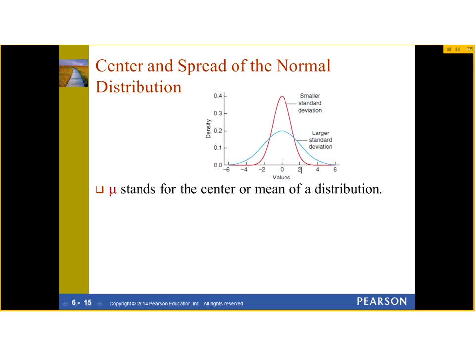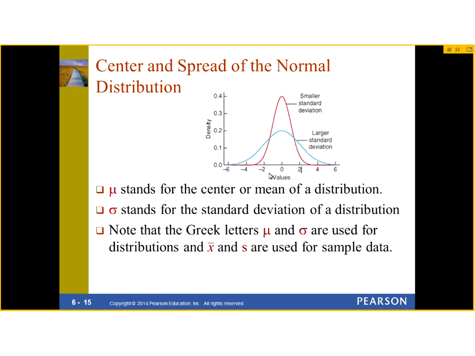All right, so let's talk about the center and spread of a normal distribution. Mu is the mean. It's the number right in the middle. Sigma stands for the standard deviation of a distribution. When we talk about populations, we use mu and sigma.